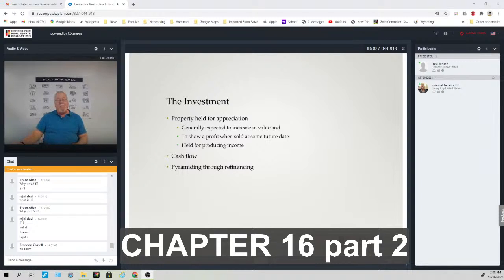The term pyramiding through refinancing is a concept I introduced when we talked about the VA loan, remember? Where you can use the VA loan to purchase property with zero down. Since the tenants are paying your expenses, you keep your money from whatever job you've got. And then a few years later, you refinance the property with the VA loan for 100% of value, take out the cash, to take your savings, and now go buy another property.